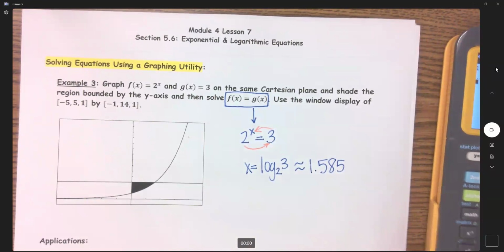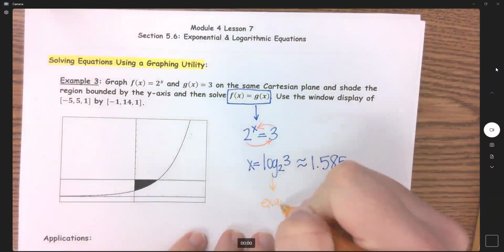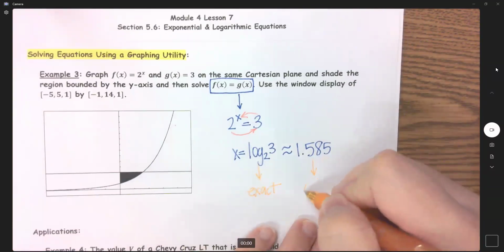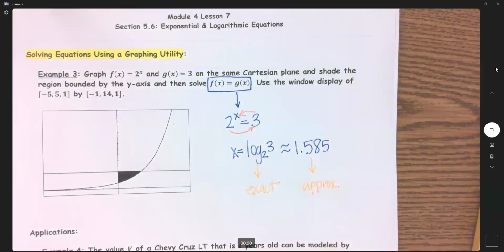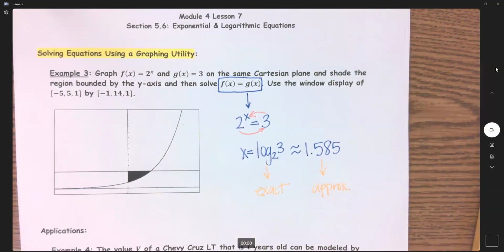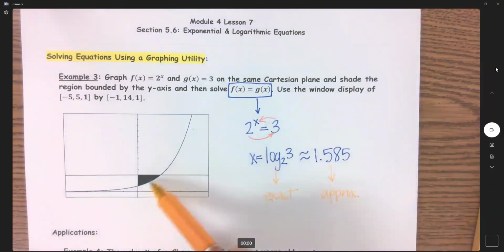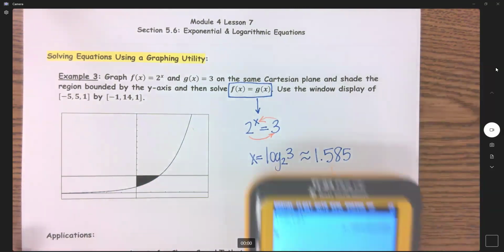As a note again, this is my exact answer, and this is my rounded approximation answer. So now let's do it the way that they said, and we should get this graph here minus the bounded portion. I don't know how to do that in our calculator. I know there's a way, I just don't know that way.